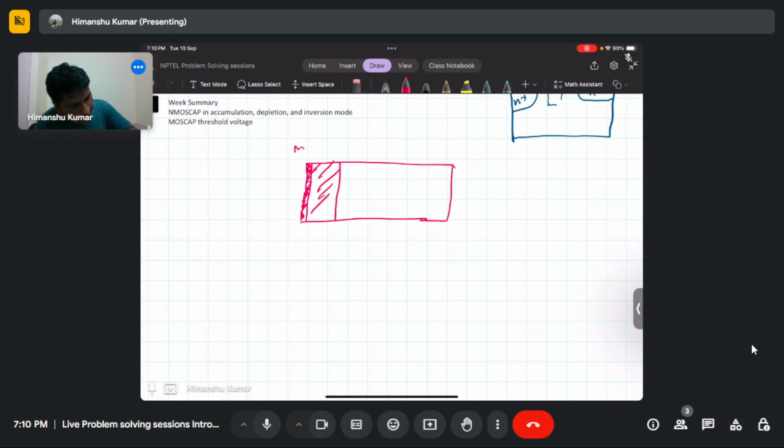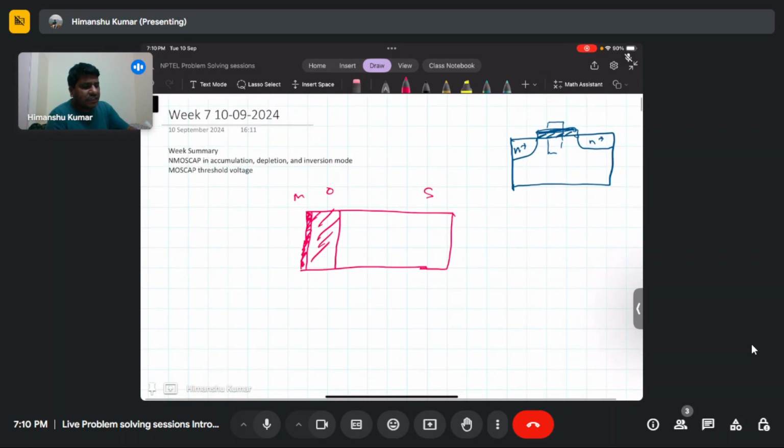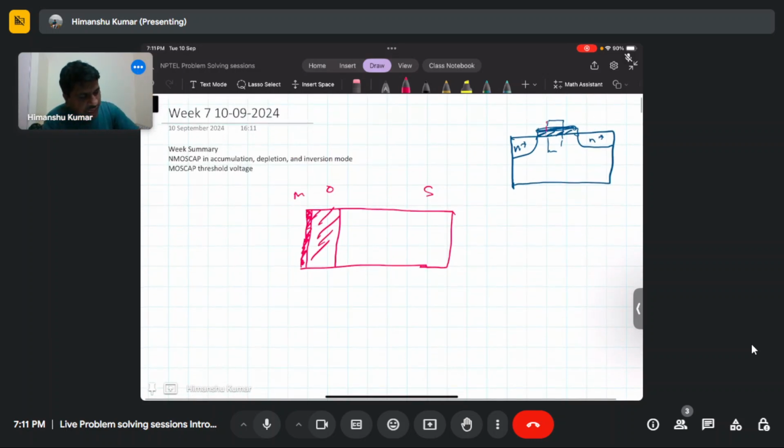So metal oxide semiconductor. This is the junction, and this is the cross section of the actual device. If you take a cut in this MOSFET, this is the cross sectional view of the MOSFET.